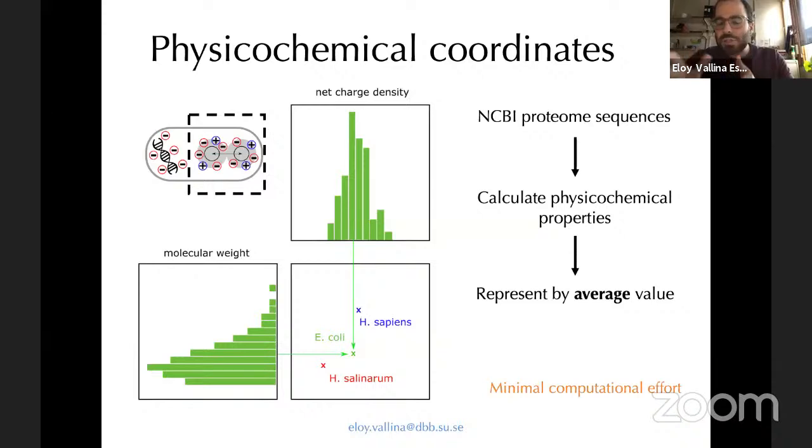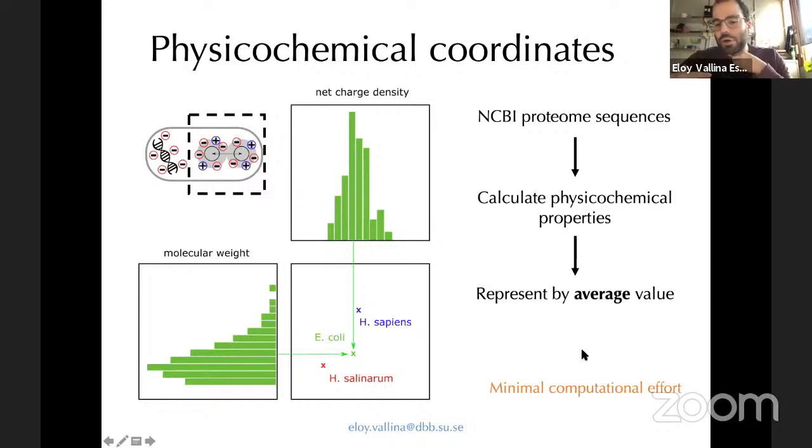And then rather than focusing on the nuances of the distributions, we simplify this down to the average property value, right? And then if we do this for the two properties, we can come up with these two-dimensional coordinates that we can extend to organisms in bacteria, in archaea, but also in eukaryotes.